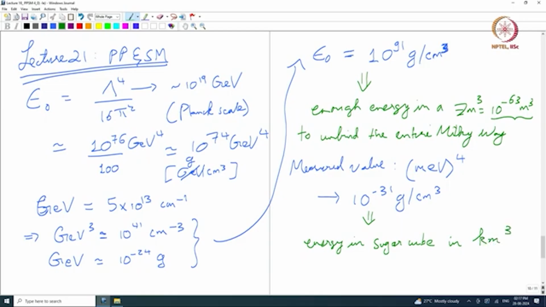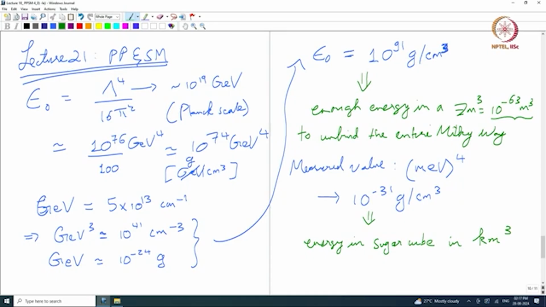The caloric content of a sugar cube in a kilometer cube basically, right, and that is a very, very tiny amount of energy density, correct. That is exactly the reason why we do not really hear of this outside of the context of particle physics and cosmology, okay.